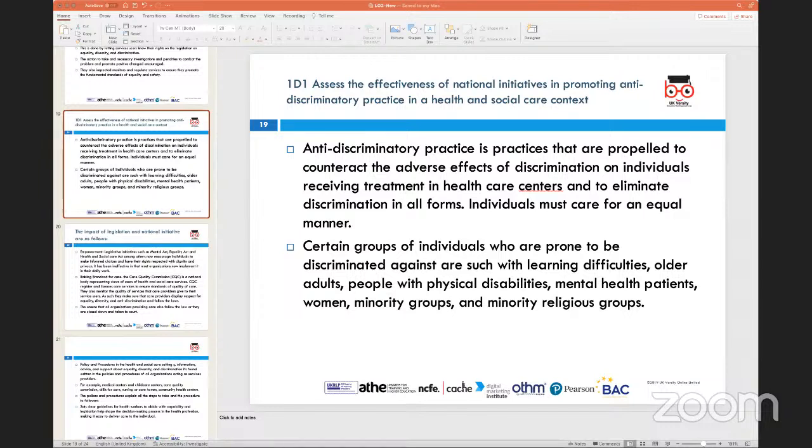So here, if I talk about health and social care organizations and the various initiatives the government would take to promote equality and diversity, it is ensuring that they help develop practices which are going to provide person-centered care.